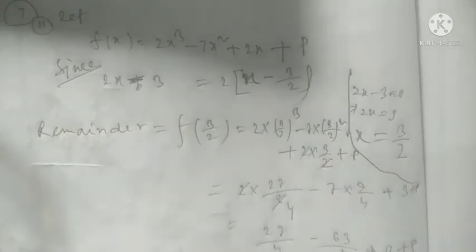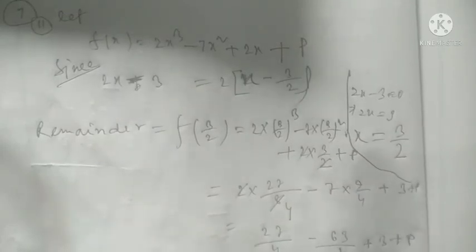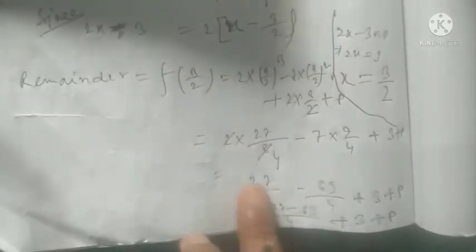If you take the LCM of 4 and 4, it will be 27 minus 63 plus 3 plus p.